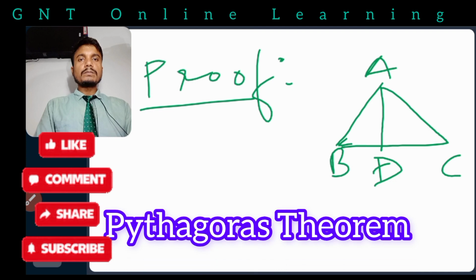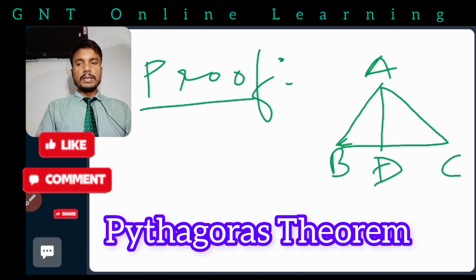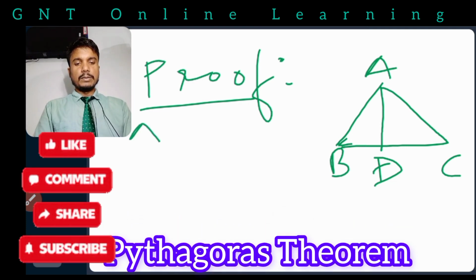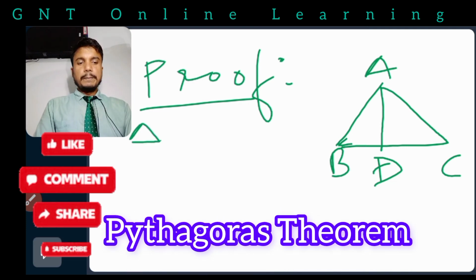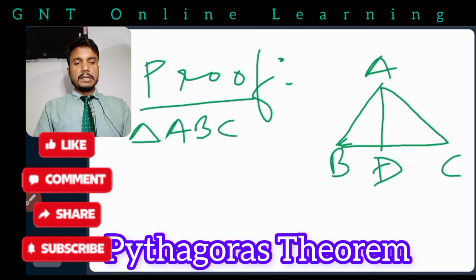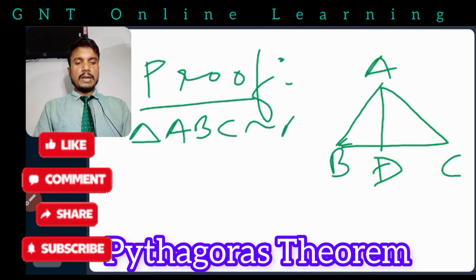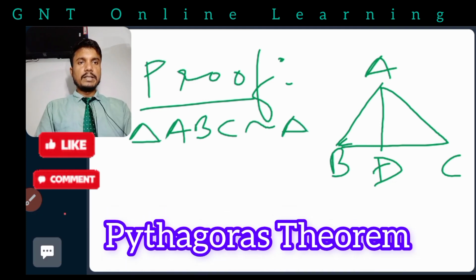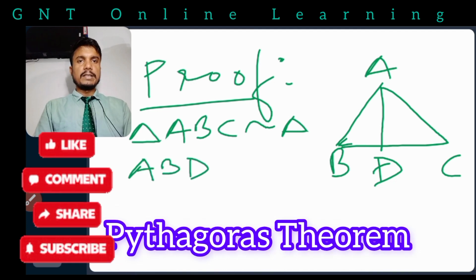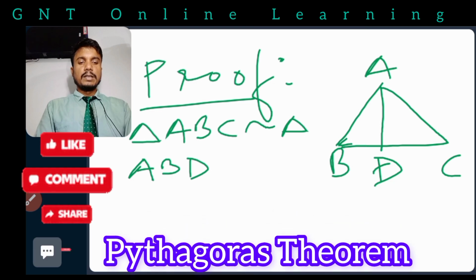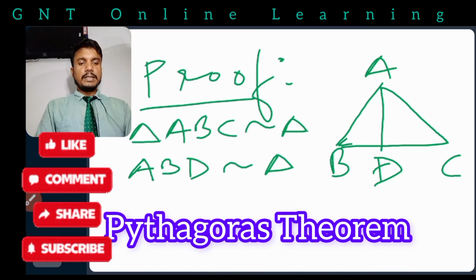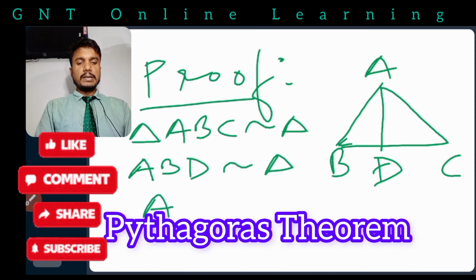We'll say that triangle ABC, the bigger triangle, is similar to triangle ABD, which is similar to the third triangle we have here, that is ADC.